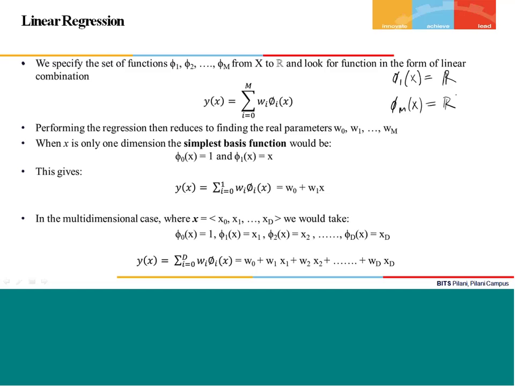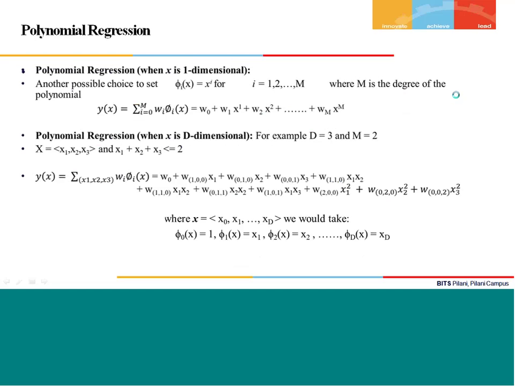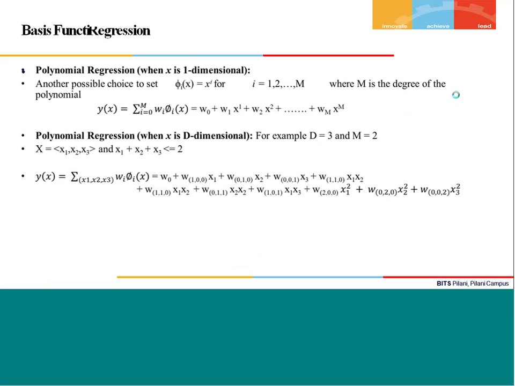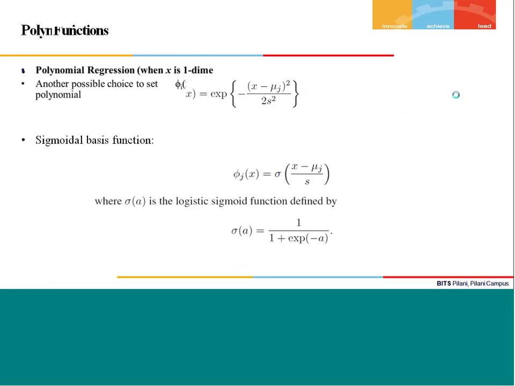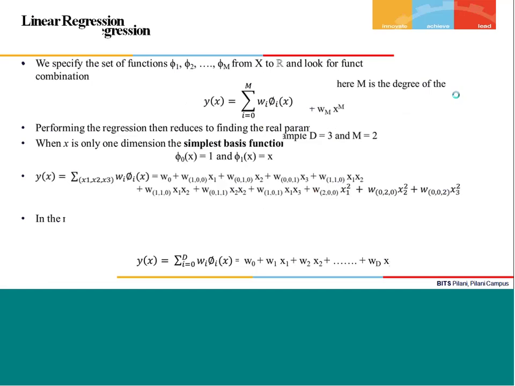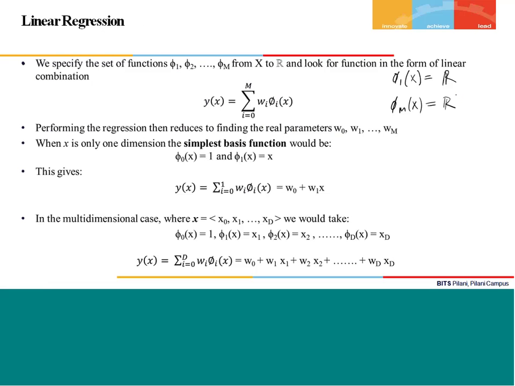Before reading this slide, I want to give you a simple example. For example, a very simple linear basis function could be phi0(x) equals 1, and phi1(x) equals x only.